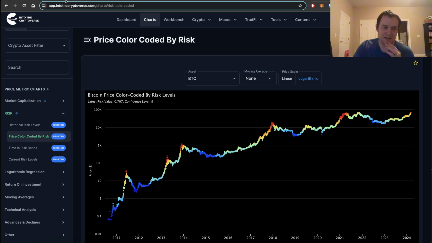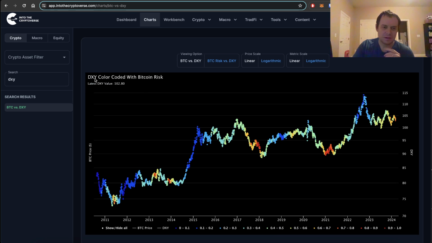But what's interesting is if you plot out the dollar and you color code the DXY by the Bitcoin risk, you get something that looks kind of interesting, right? You get these periods of blue where you're at really low risk with Bitcoin, and it tends to correspond to the end of the dollar parabolic rallies.